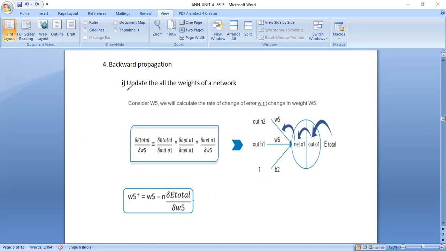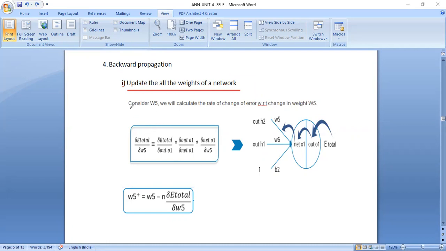We are going to update all the weights of a network by using gradient descent or the delta rule. Both support updating the weights of a network in an iterative manner, repeatedly changing or updating the weights of a network. So in backward propagation, we update all the weights of the network.